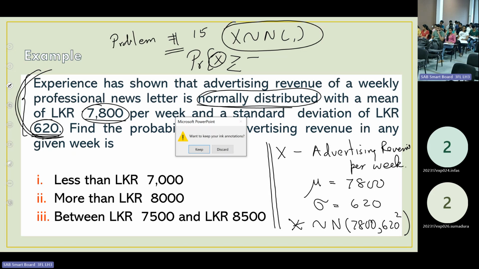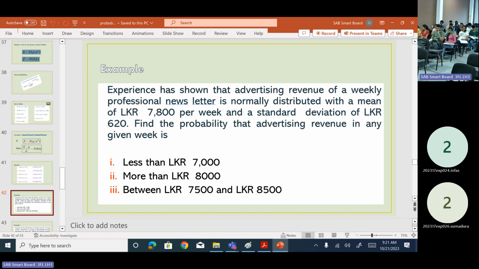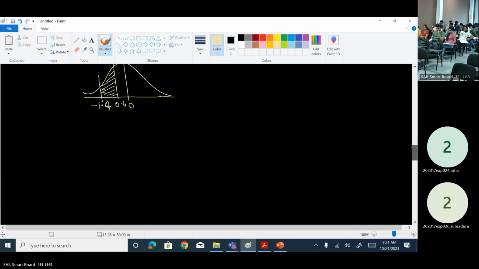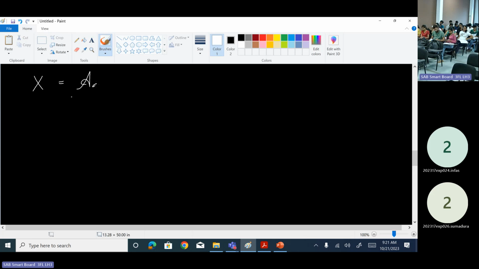So now we'll see whether we can answer this. So X is advertising revenue per week.